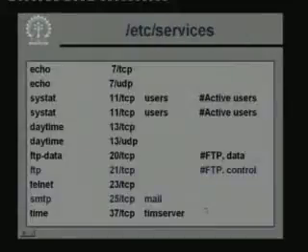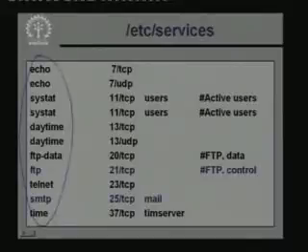Yes, this is the contents of the first few lines of the etc services file on a Unix machine. The first column identifies the names of the services or the servers. You see here you have FTP, you have SMTP, and there are others also, echo, systat, etc. Now you look at the other fields.